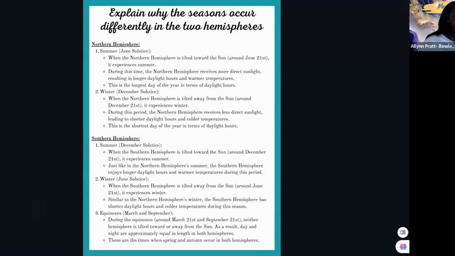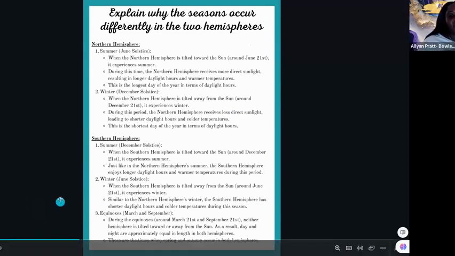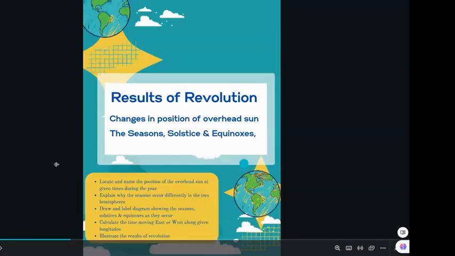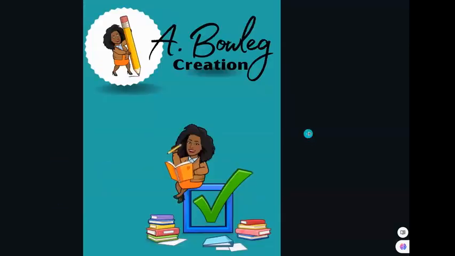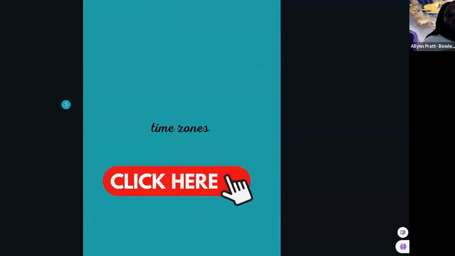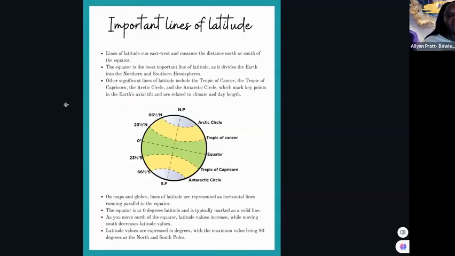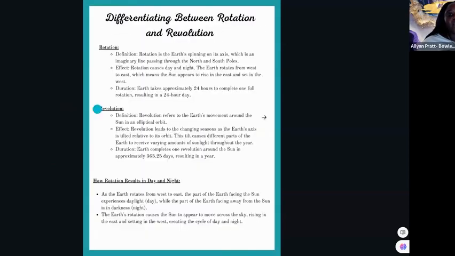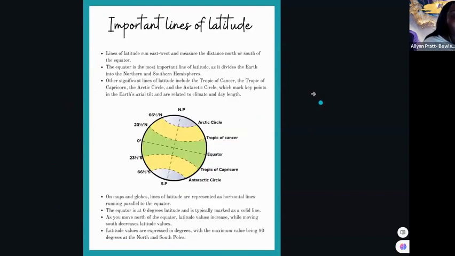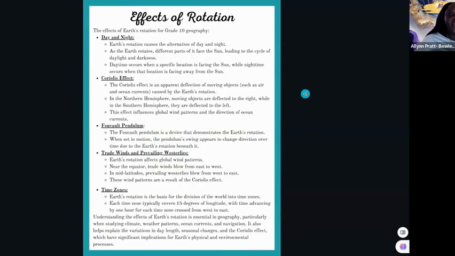Can you identify the 2 movements of the Earth? Rotation and revolution. Very good. What are some of the results of rotation? What happens when the Earth rotates? Day and night. We do get day and night.